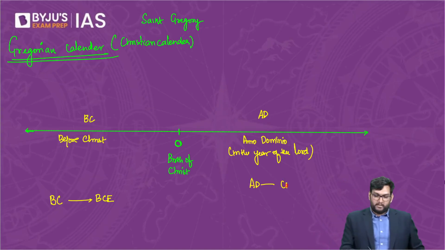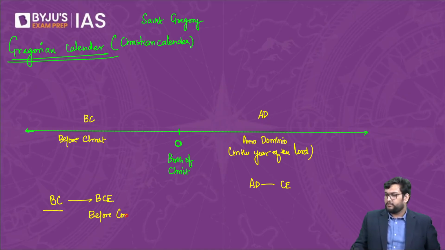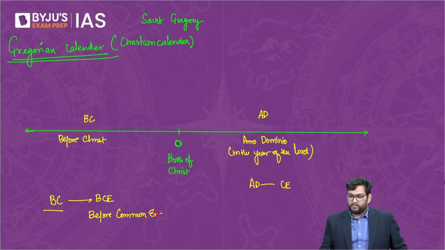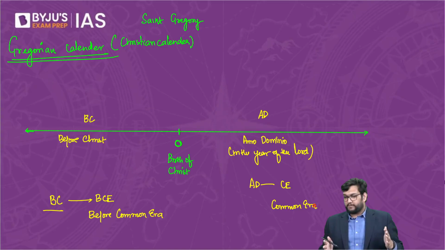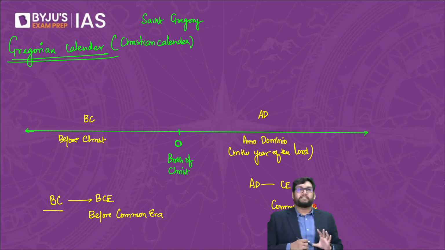Meaning, before Christ became before Common Era, and this became Common Era. Now, if you ask me what is the difference between AD and BC, or BCE and CE, nothing. The division of time remains the same. The nomenclature has changed.